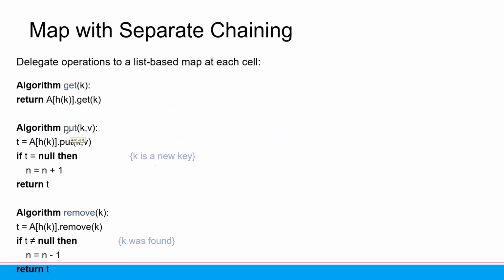As you know, for the operations of the algorithm, we have insert and we have remove. For getting, I would like to get according to h(k), which is the compression function.